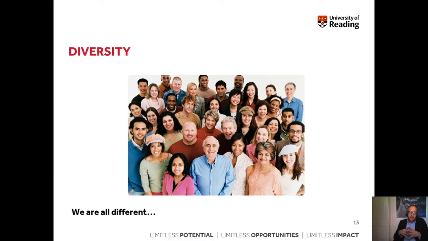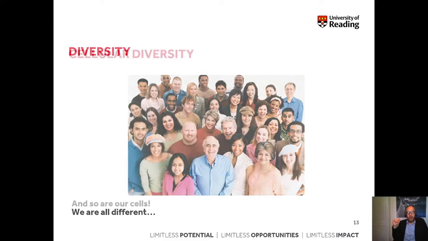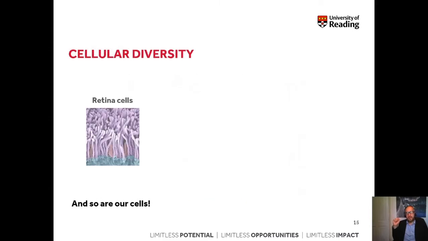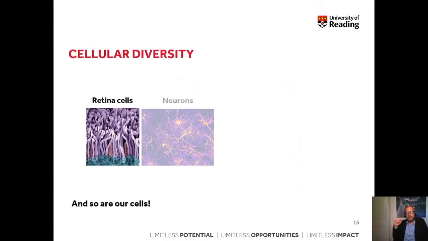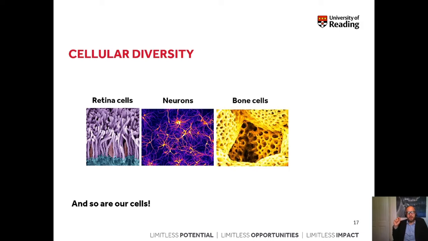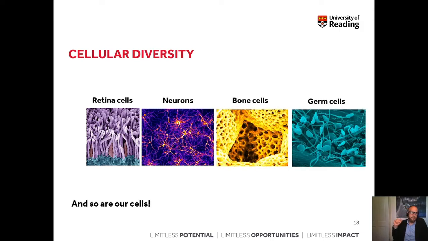If we think about genetics and DNA, then we could also think about diversity. We are all different, and so are our cells. Our cells come in many different shapes, and they do fulfill very different functions.